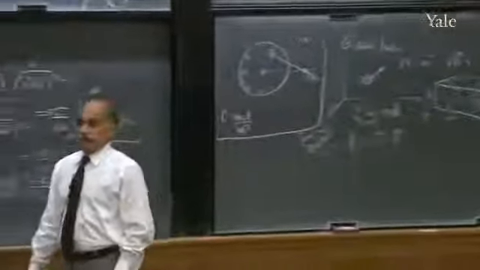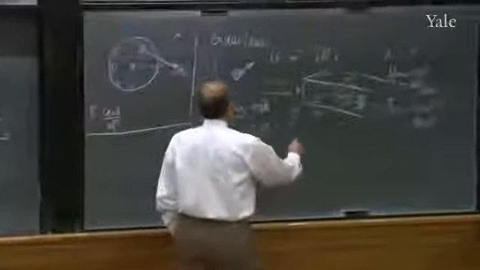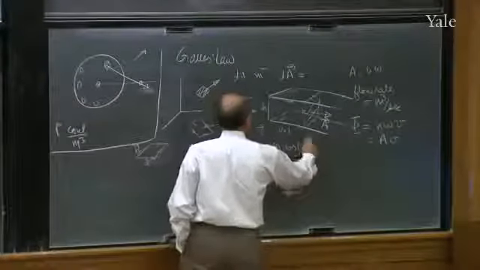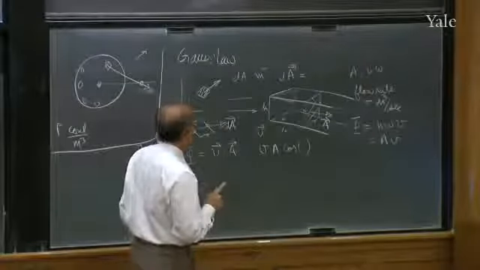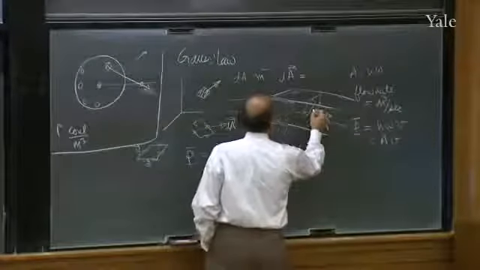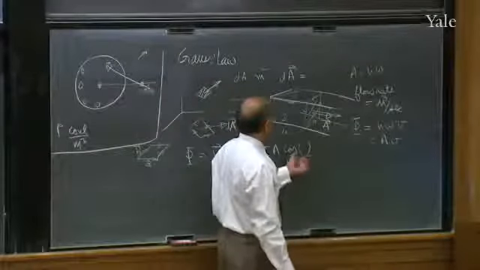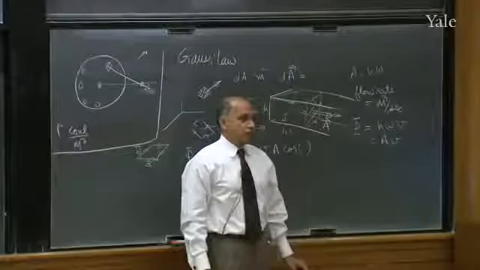Let's check that V dot A is correct. V dot A is the size of V, size of A, and cosine of the angle between them. Here is where you've got to be very careful. The velocity vector is like this. It's perpendicular to the plane, but don't say it's cosine of 90. The area vector is perpendicular to the area itself. You understand that?